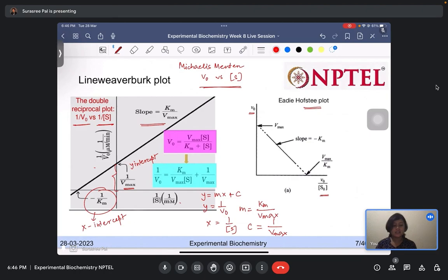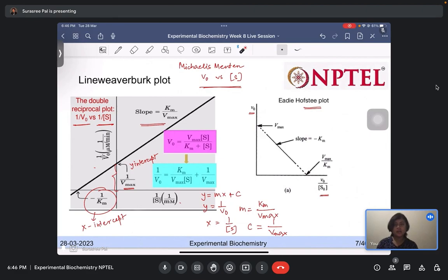That also gives us a linear graph, and here the slope becomes minus Km. The y-intercept is the Vmax and the x-intercept is the Vmax by Km.